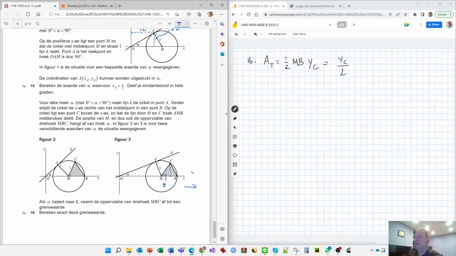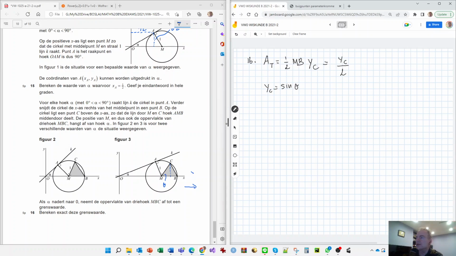The cosine would be the x-coordinate, but that means that yC is the sine of theta. And, well, what is theta?